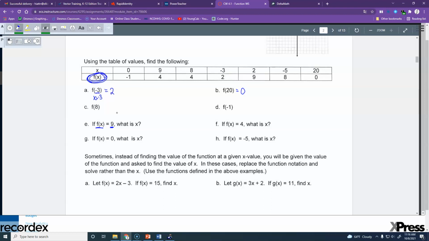You're finding where f of x is 9, which is right here. And they're asking what is the x that goes with that. The x coordinate would be 2. So it's backwards if it's asked this way. If it says f of x equals, then that's your y coordinate. You're looking on the f of x line.